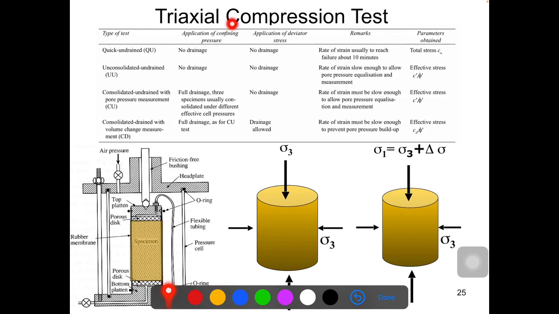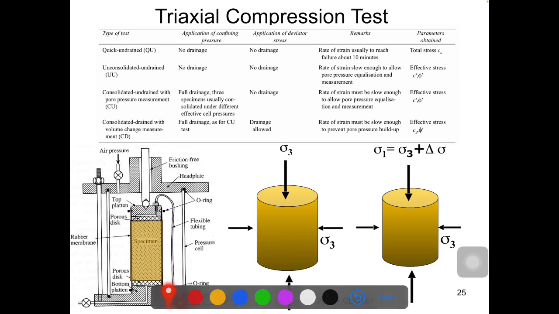Then the triaxial compression test. For the triaxial compression test, we have quick undrained, QU, and then we have UU, unconsolidated undrained. We have CU, which is the consolidated undrained test, and then we have CD, which is the consolidated drained test.